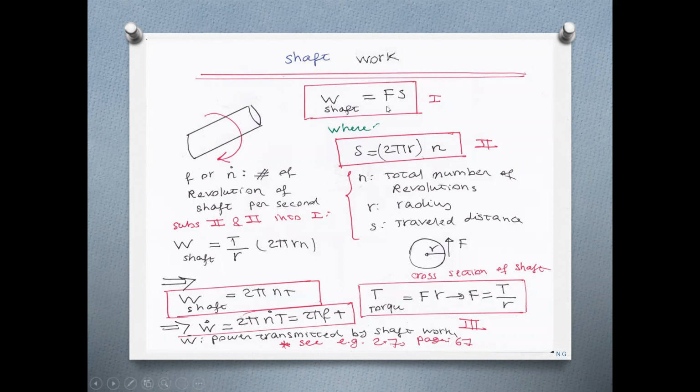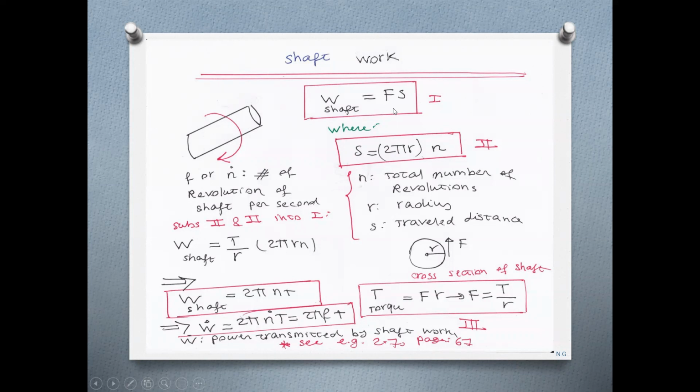If you consider the cross-sectional area of this shaft, a force F acts on it, and F times R is the torque of the shaft. So in terms of torque, F is torque divided by the radius of the shaft, right?